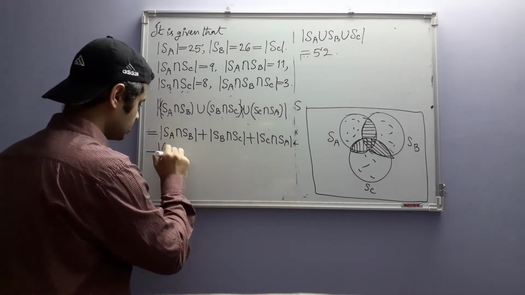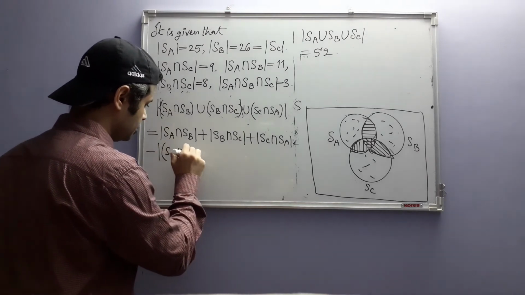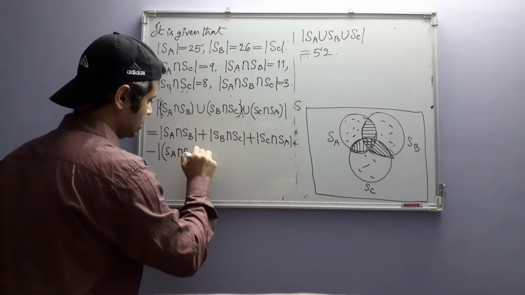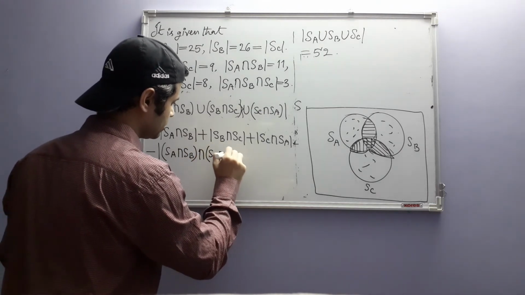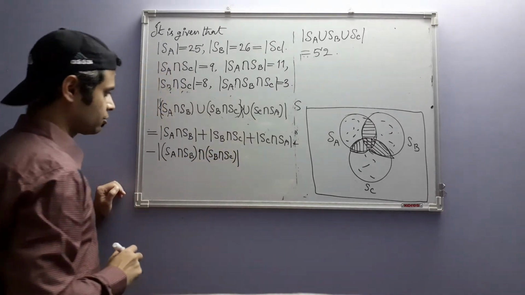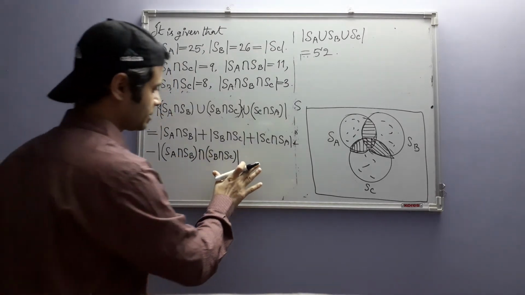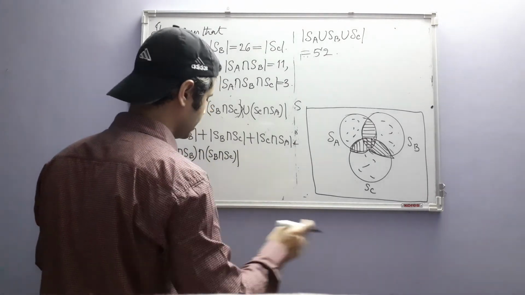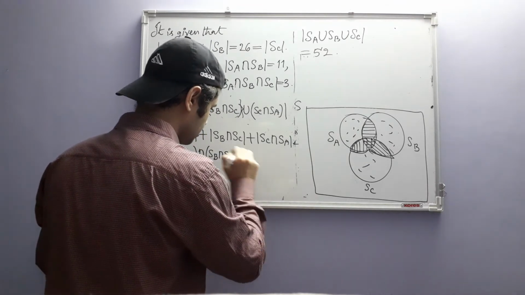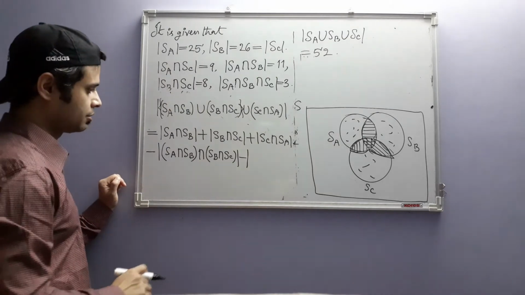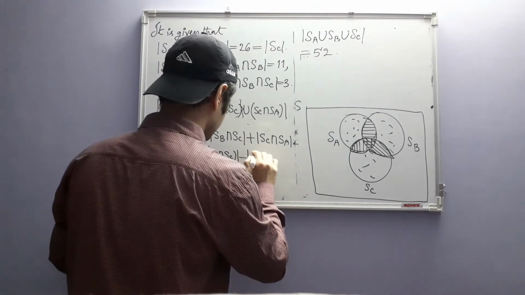So SA intersection SB intersection SB intersection SC. Oh, I thought this would be much more difficult than the other way, but this will become simplified. Okay, you will realize why.